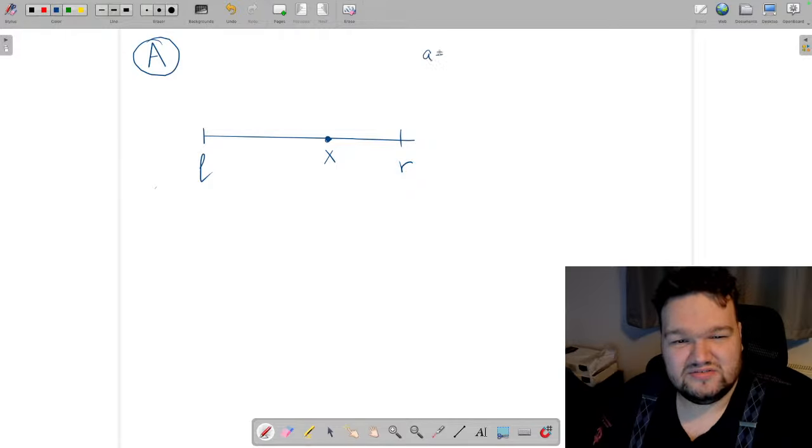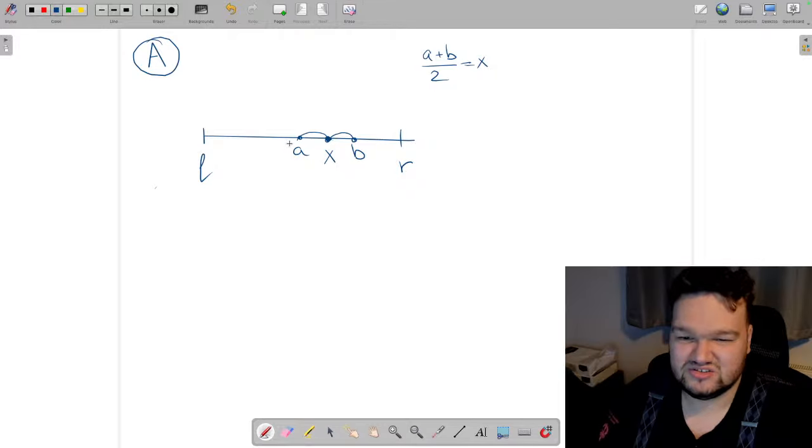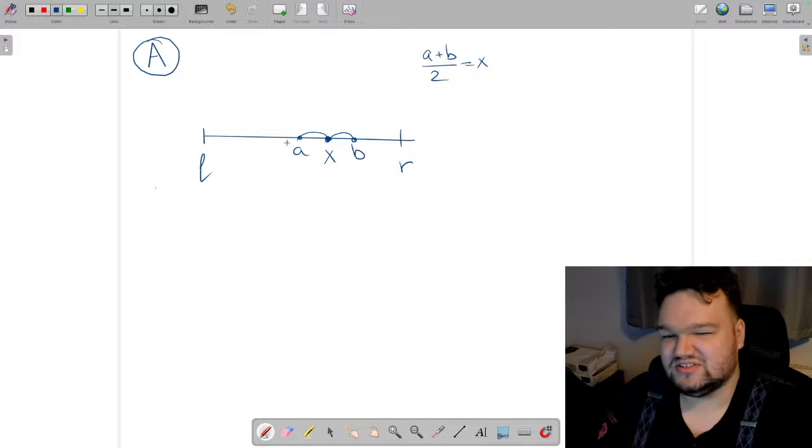So our average must be X. It means that basically A and B must be at the same distance from X on different sides, right? And since A should be at most B, it means that B is on the right and A is on the left, except in the case when they're both equal to X.